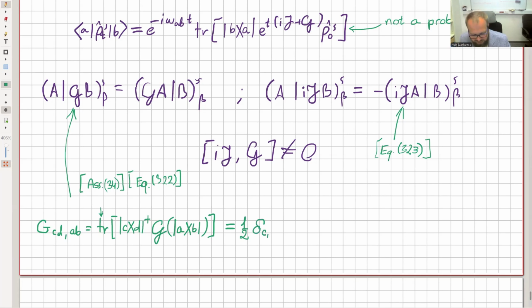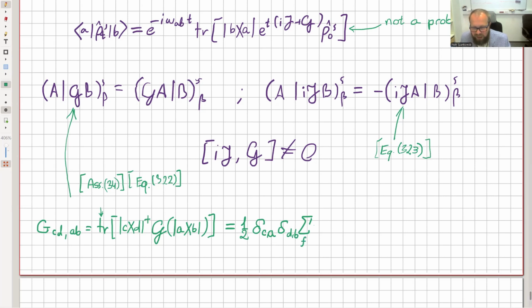You have a lot of deltas here, which is always useful. You have two deltas, so it means that C and A have to be the same, and D and B have to be the same. That simplifies things a lot, in this term at least.